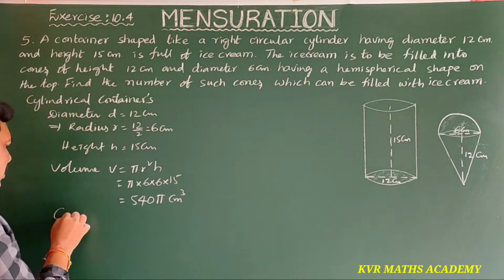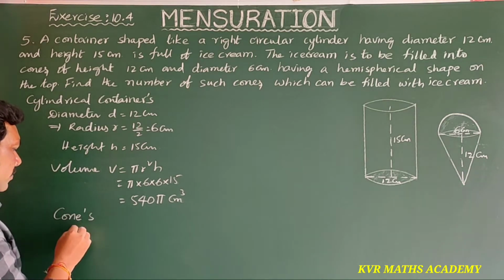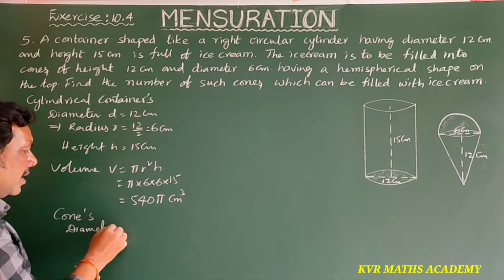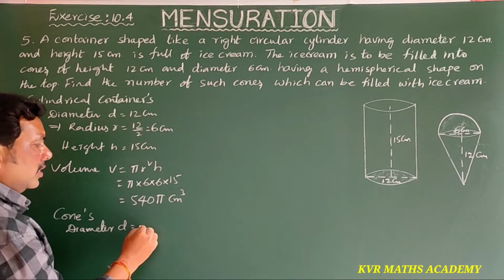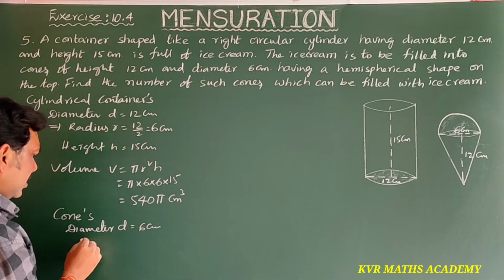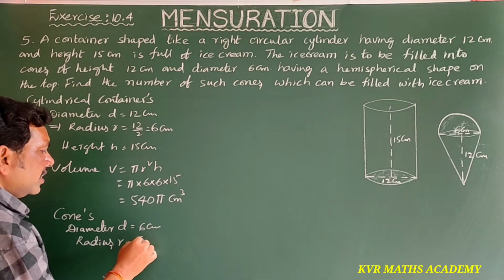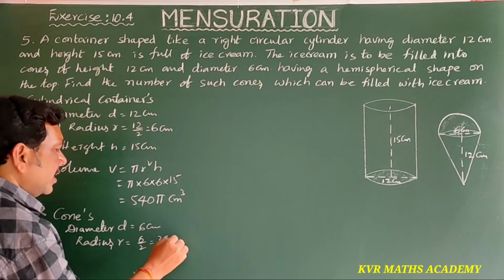Now, cones. Diameter D is equal to 6 centimeters, so radius R is equal to 6 by 2, which is 3 centimeters.